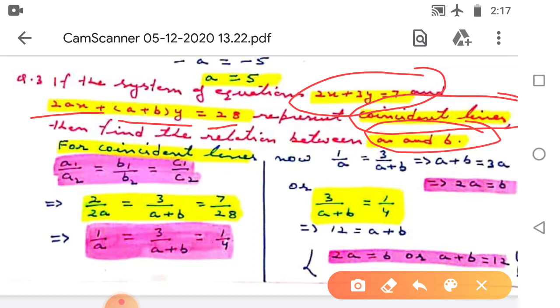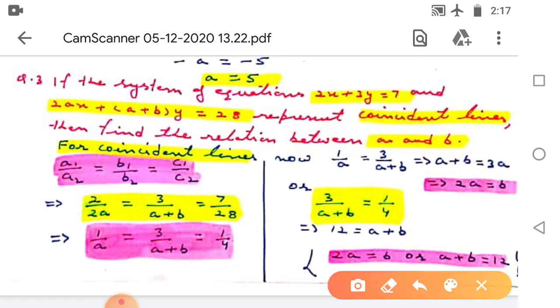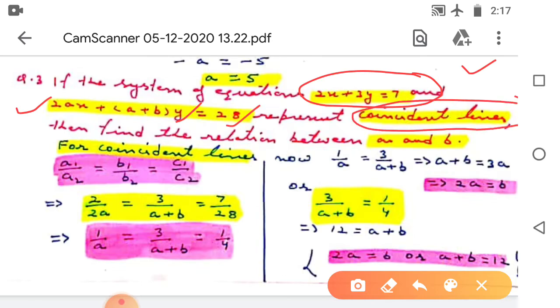Clear? Again, the question is, if the system of equations 2x plus 3y is equal to 7 and 2ax plus (a plus b) into y is equal to 28 represent coincident lines. Coincident lines means infinite number of solutions.